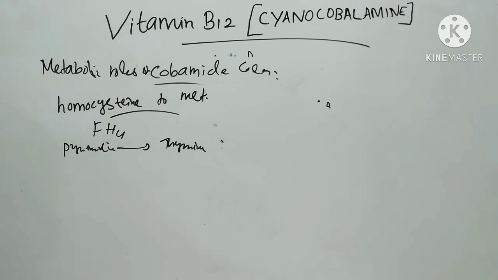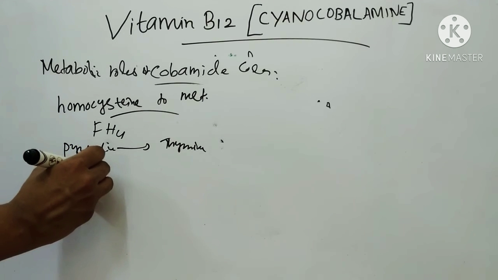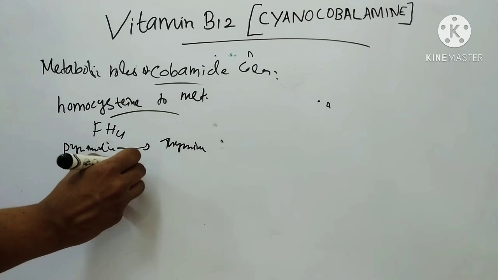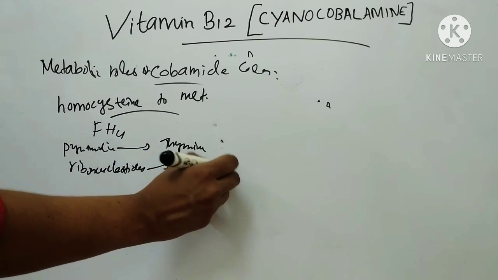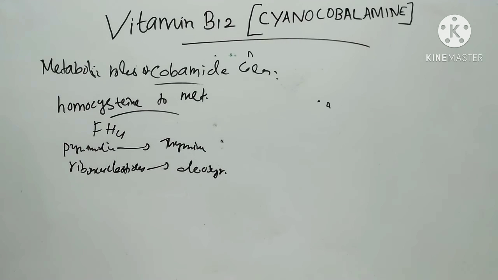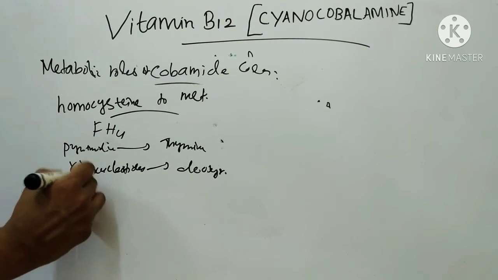Next one is conversion of ribonucleotides to deoxyribonucleotides by the enzyme reductase. Here also vitamin B12 acts as the coenzyme. Next one is metabolism of diols.